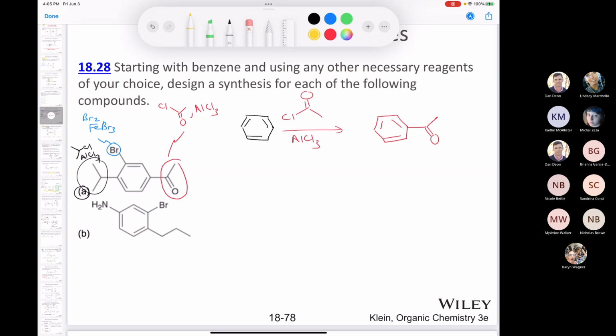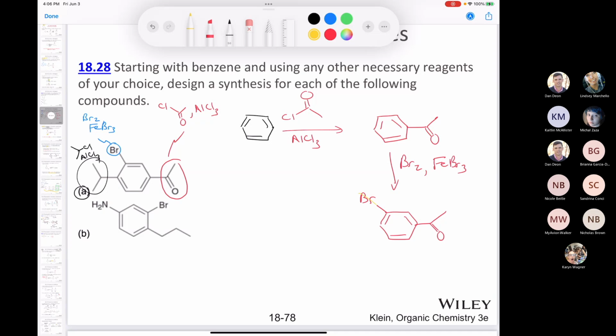But this is a meta director, so it's going to direct to this position and this position. So the only thing that it would help you install would be the bromine, and thus if you use bromine in iron 3 bromide, then you would end up with this compound where you have the bromine here.